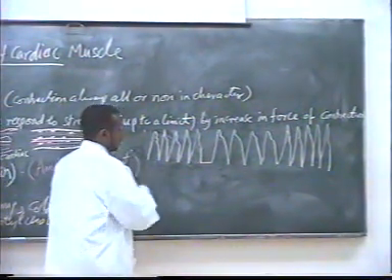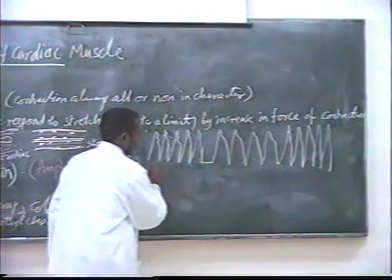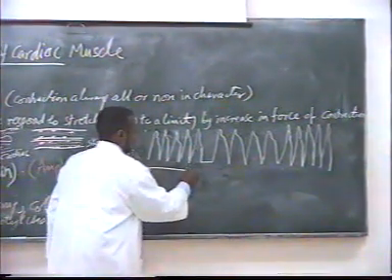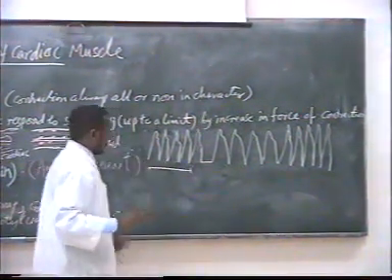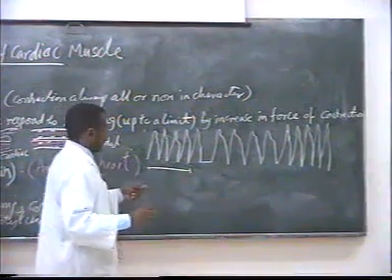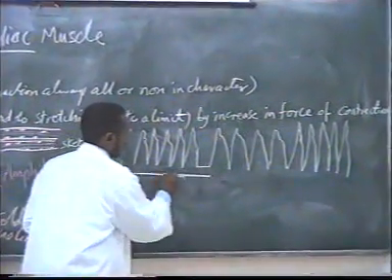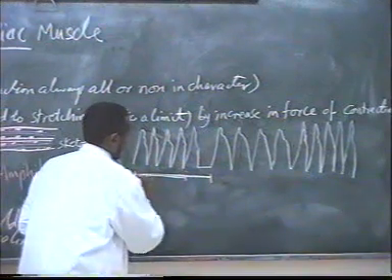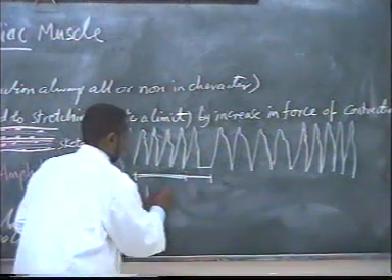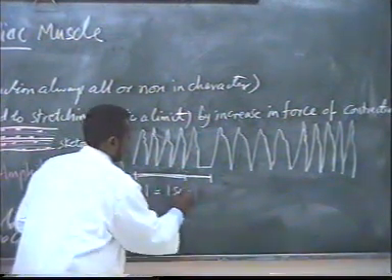The paper speed, for example, if the speed is 1 centimeter per second, so that we measure, for example, 2 centimeter, 1 centimeter is equivalent to 1 second.